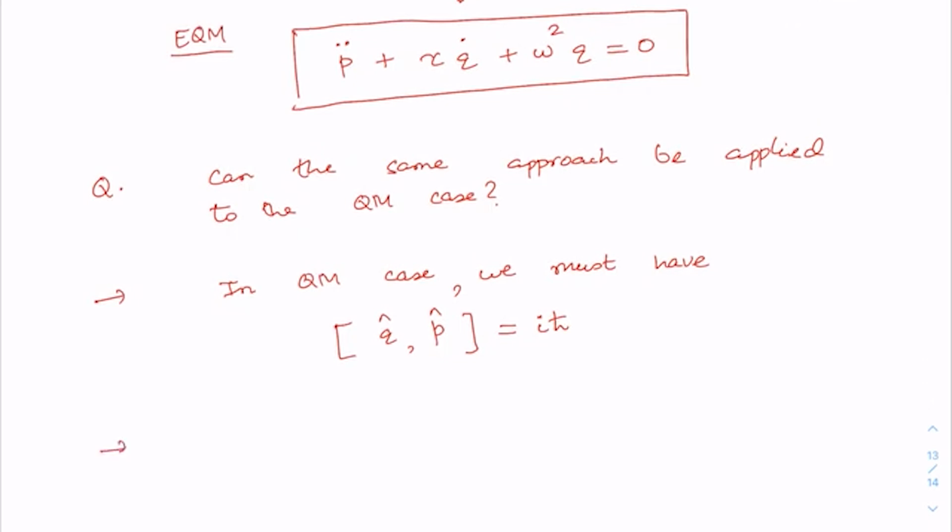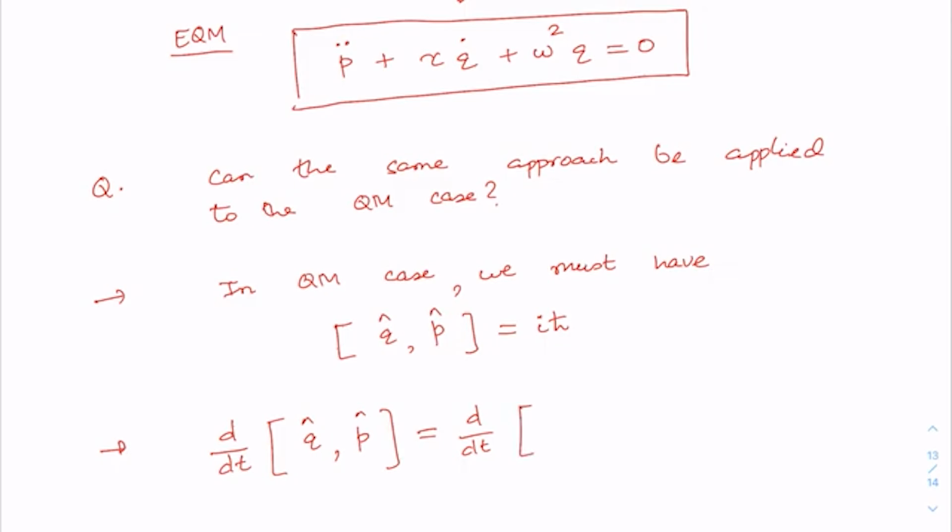Now if I look at the time evolution of this commutator, let us see what we will get. Let me take the time derivative of q p commutator. So what is this commutator?